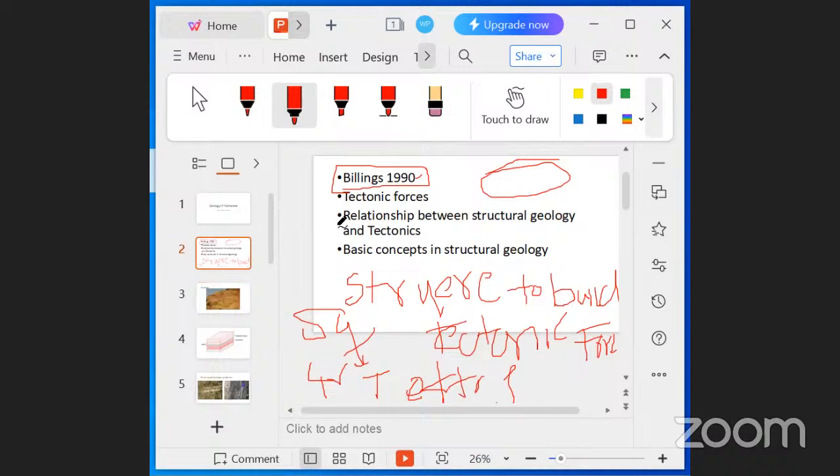Now what is the relationship between structural geology and tectonics? I already told what is structure and what is tectonic force.